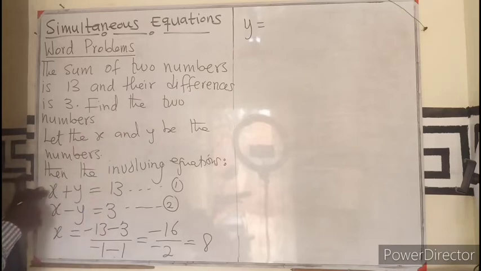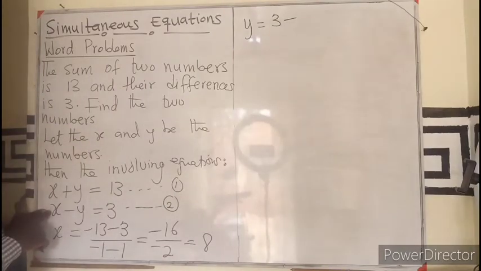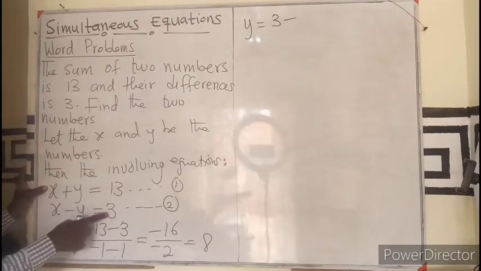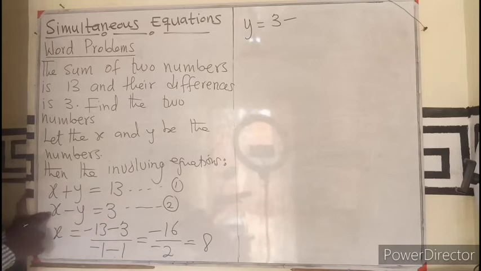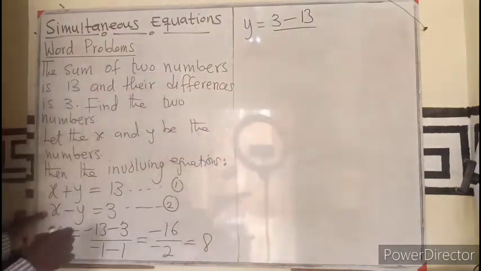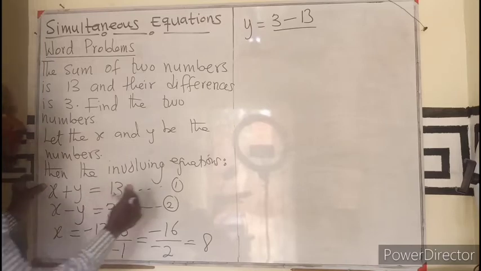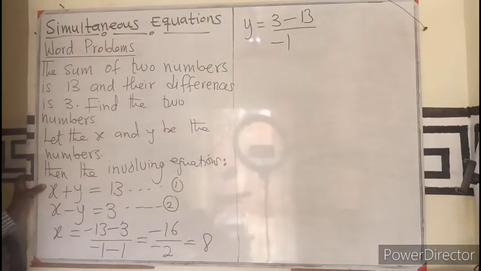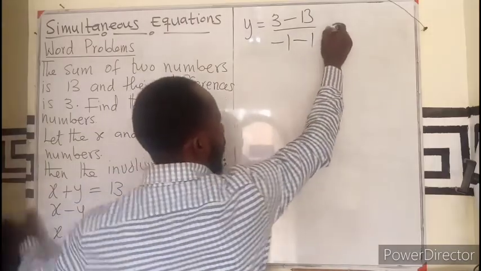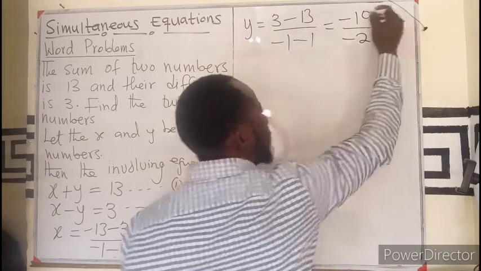Moving from top to down, 1 times 3 is 3, minus the other product, 1 times 13, which is 13. Then we ignore here and pick the coefficients of x again, top to down minus 1, and down to top also minus 1, giving minus 2 as the denominator. So minus 10 over minus 2 gives me 5.